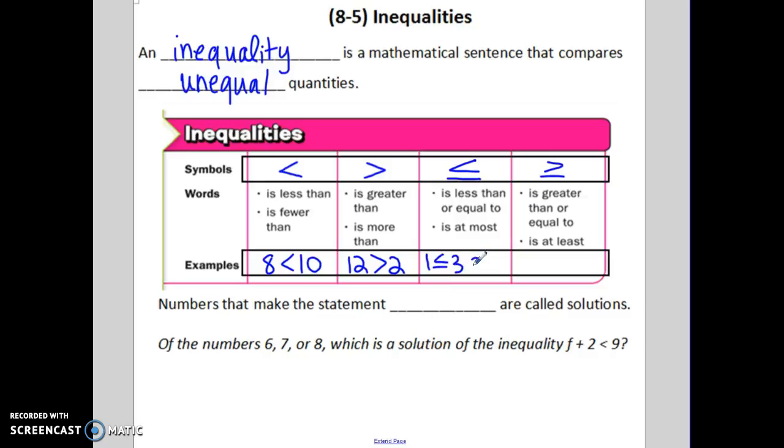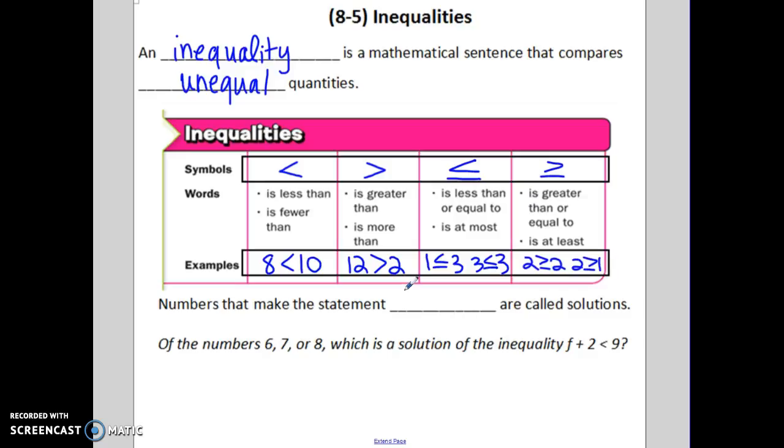Or you could also write 3 is less than or equal to 3. Those are both true statements because as long as it's less than or equal to exactly how the words state it, then that's a true statement. Similarly, 2 is greater than or equal to 2, and 2 is also greater than or equal to 1. And both of those are true statements as well.